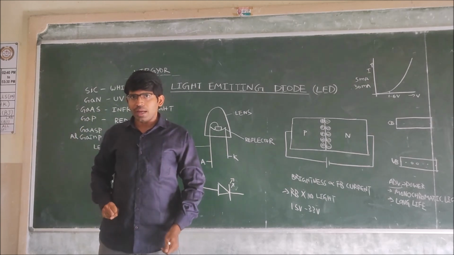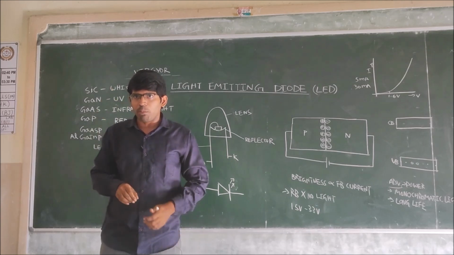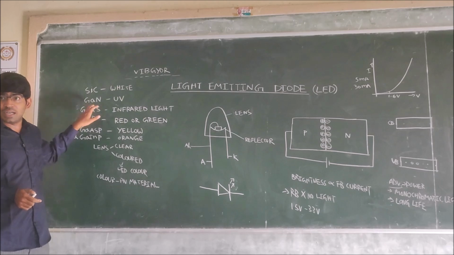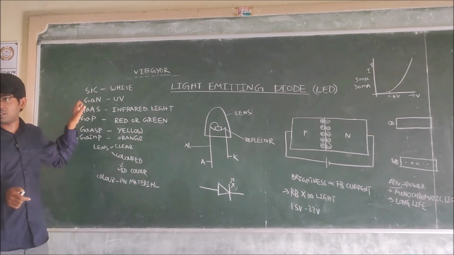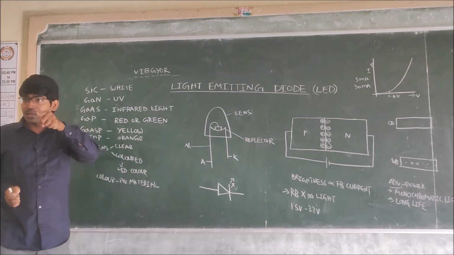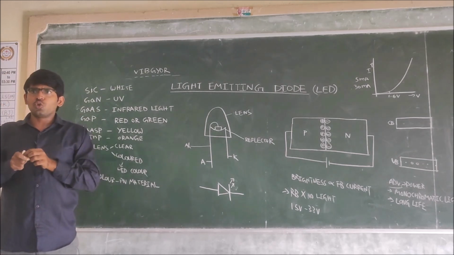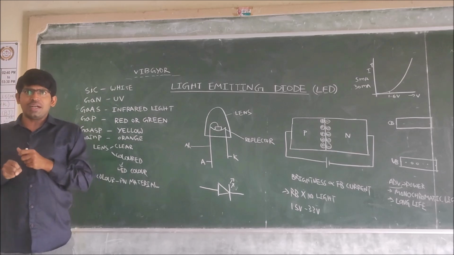We require the light. At that time, we have to use a compound semiconductor. Here you see, this is gallium and arsenide. These are group 3 and group 5 elements. Gallium arsenide is a semiconductor. So we are mixing two elements to make a compound semiconductor.